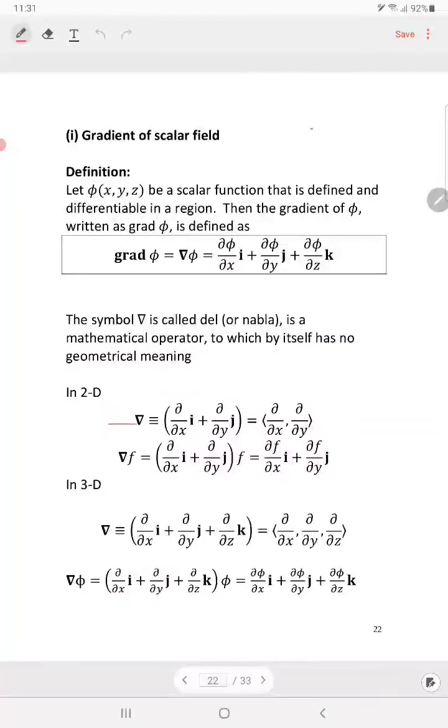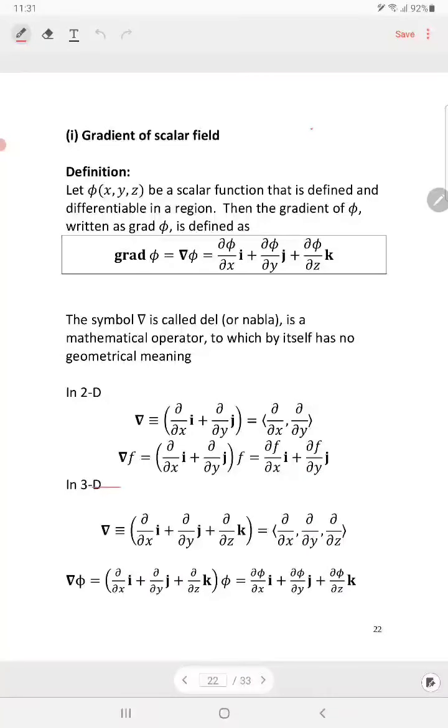So in 2D, here you have partial dx, partial dy is waiting for something here. So by itself it has no meaning. But if you take the del of f, where f is a scalar, what you end up with is a vector where the x component is partial f partial x, y component is partial f partial y.